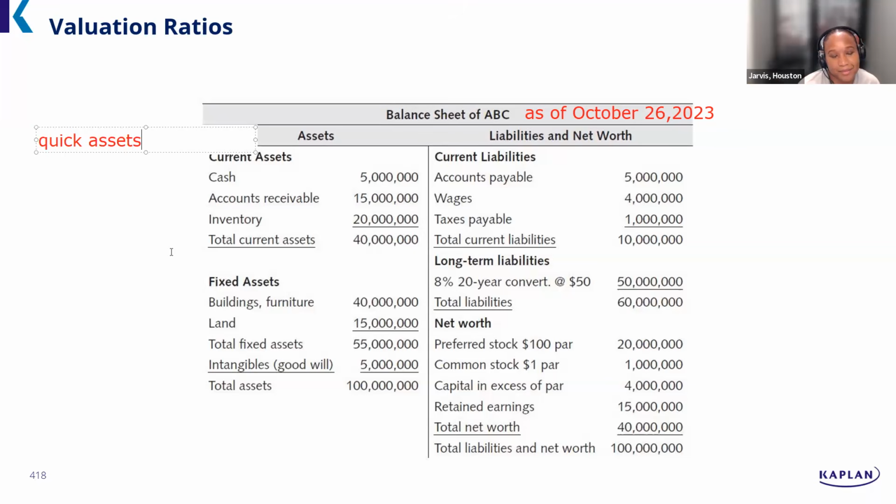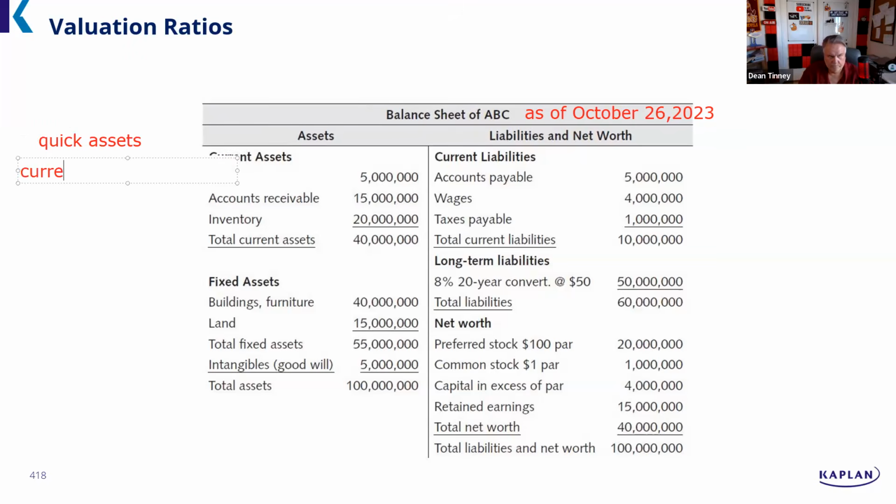Right. Because if we have to do an inventory reduction sale, that's not going to be good. So quick assets, test point, are current assets minus inventory. And I would know that.